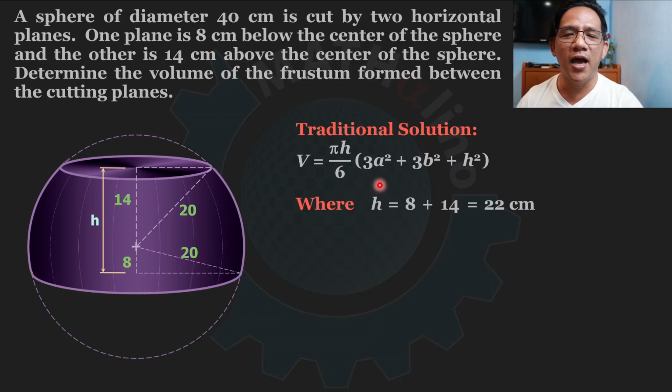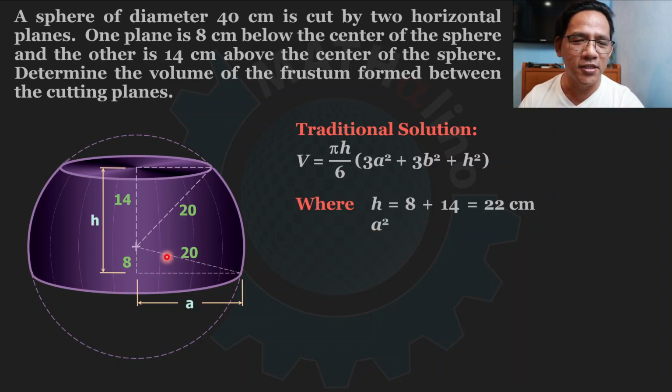What are these A and B? These are the radii of the lower base and the upper base. It doesn't matter which one you call A and which one you call B. In this solution, I will call the radius of the lower base A. By Pythagorean theorem, we can solve for A squared. We don't need A, we only need A squared.